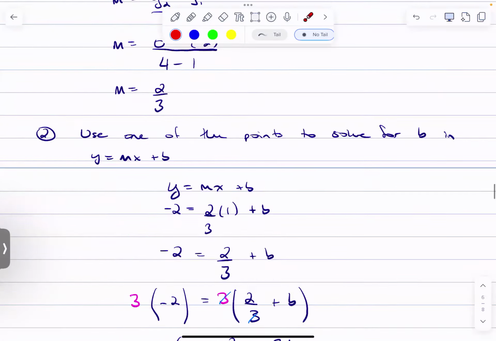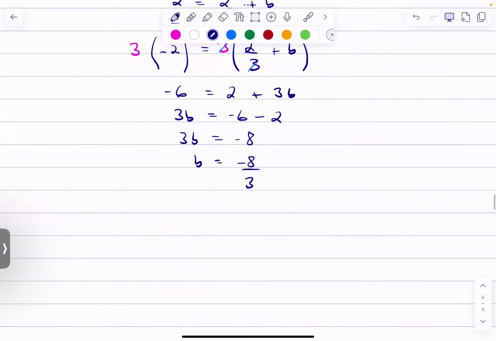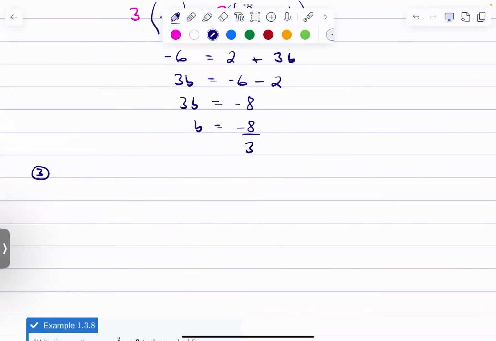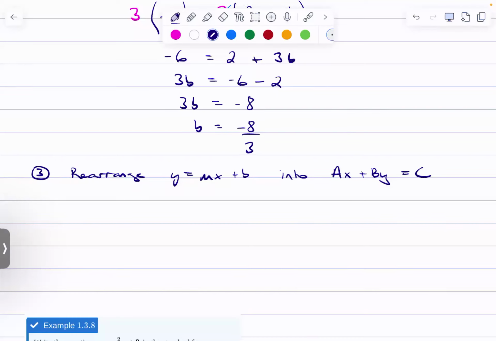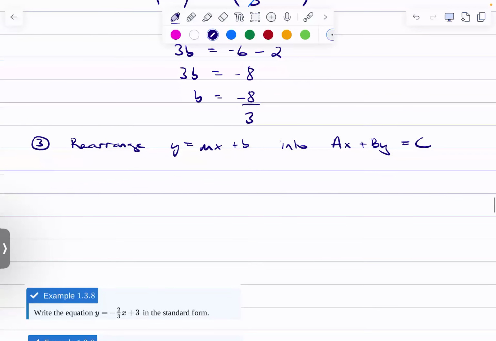And so now, rearrange y equals mx plus b into ax plus by is equal to c. So I have y equals mx plus b.